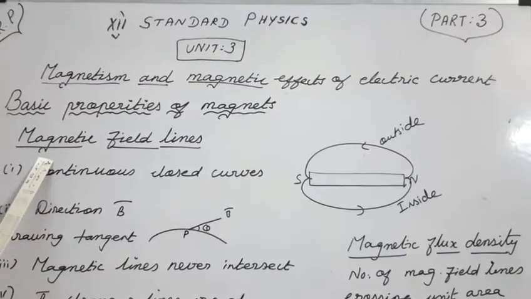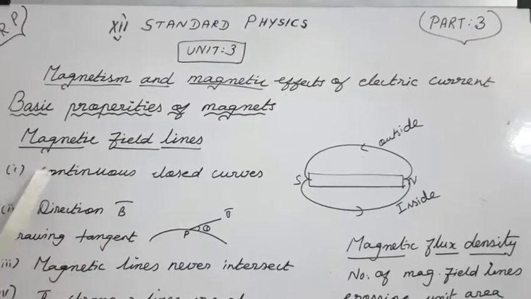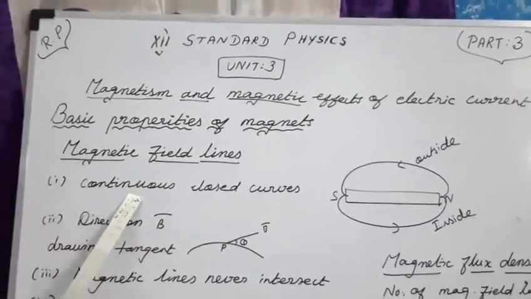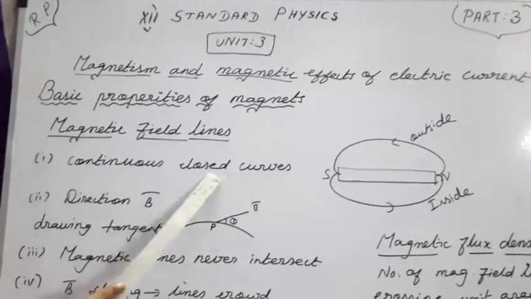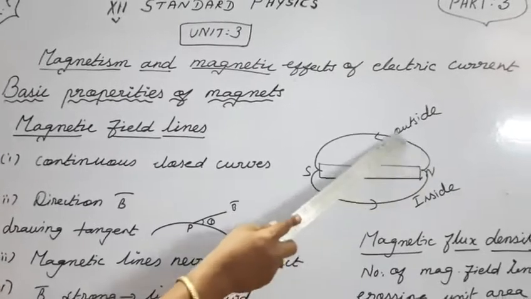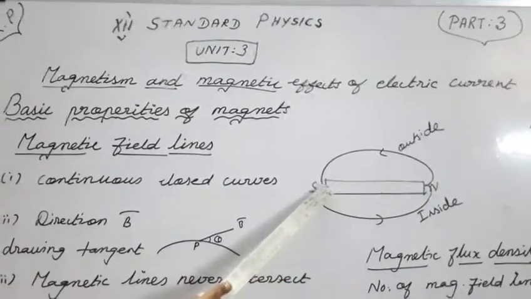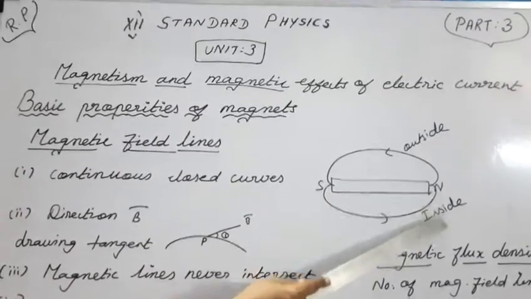Our next topic is magnetic field lines. First point, the magnetic field lines are continuous closed curves. The direction of magnetic field lines is from north pole to south pole outside the magnet and south pole to north pole inside the magnet.